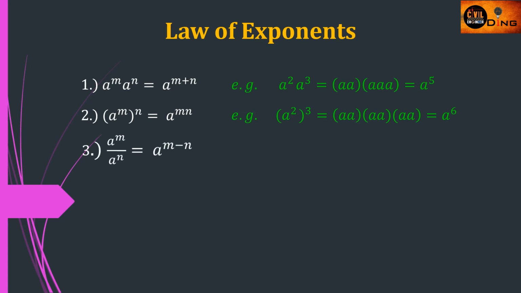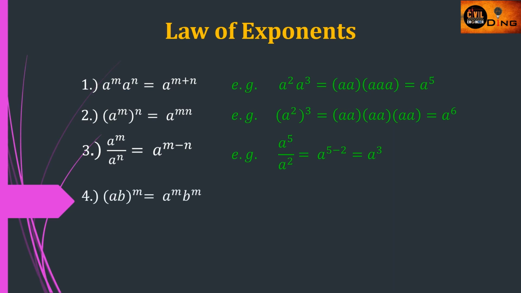Number 3, division of exponents. A raised to m divide a raised to n is equals to a raised to m minus n. Halimbawa, a raised to 5 divide a squared equals a to the 5 minus 2 is equals to a cubed.